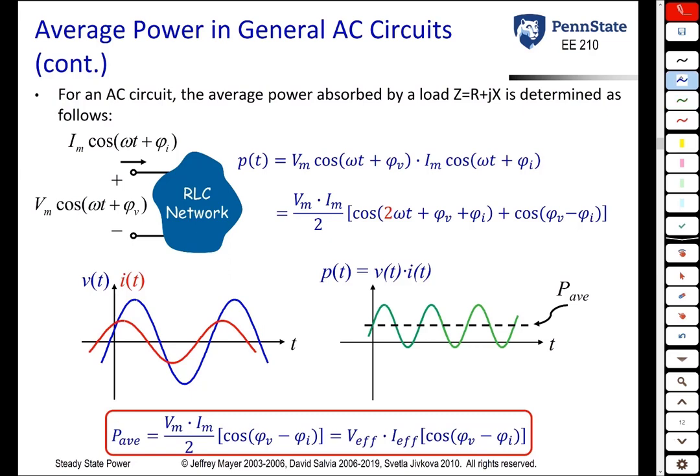Imagine you have a voltage being applied to a general RLC load, and that's going to generate a current, once again at the same frequency as the voltage, but a different magnitude and a different phase. The instantaneous power is just the voltage times the current.